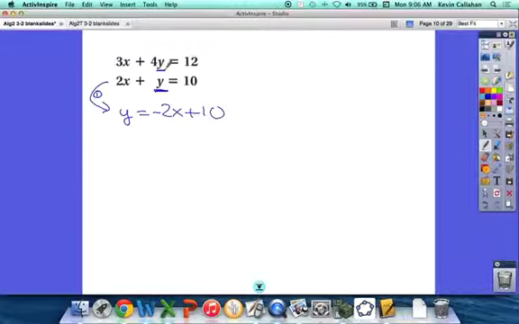So in the place of the y, we're going to put negative 2x plus 10. 3x plus 4 times negative 2x plus 10 equals 12. That's step 2. By doing that, now we have one equation and one variable, and that should be fairly easy to solve.